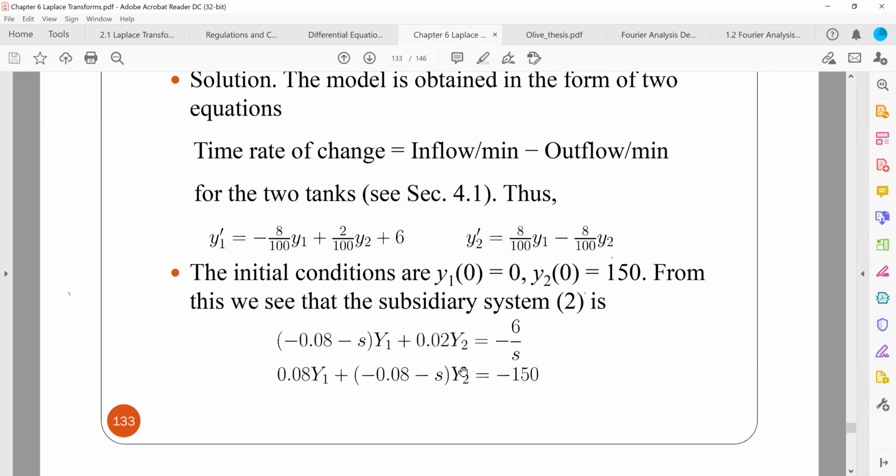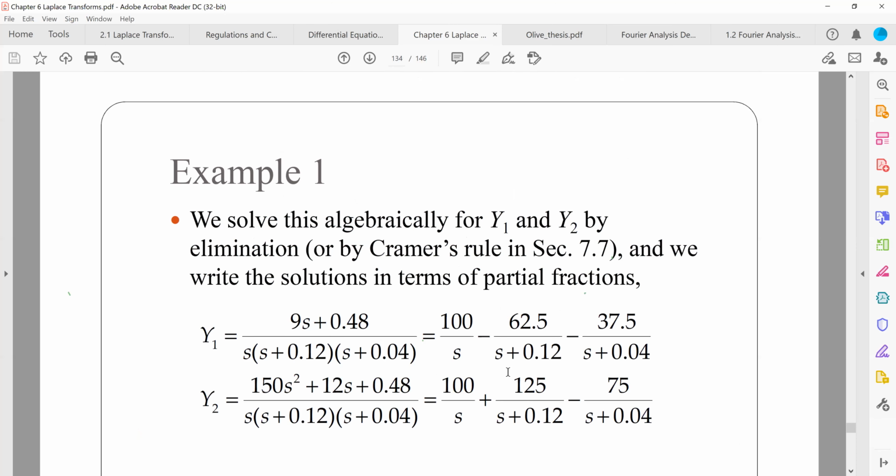But for Y2, you will have sY2 and also the initial value, which will be 150. When you collect like terms, 150 goes to the other side of the equation and gets the minus from there, and you collect like terms of Y2. So you have two equations in terms of Y1 and Y2, which you're going to solve.